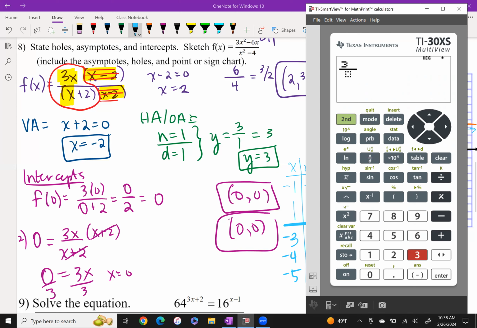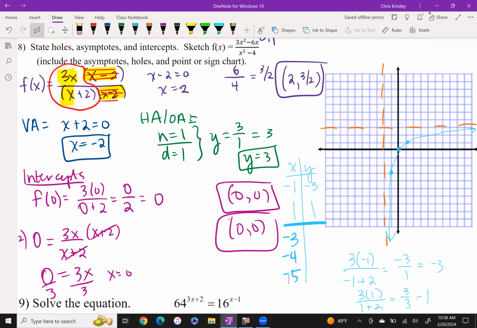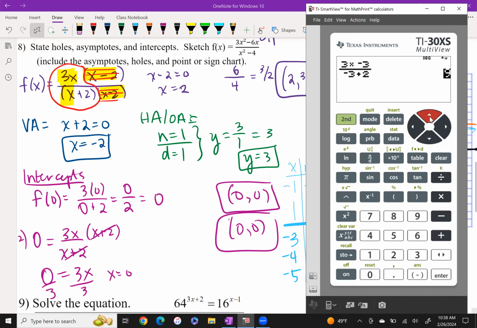3 times -3 on the top, and -3 plus 2 on the bottom. Gives me 9. Now -4. I can hit enter and pull that down and just edit it. So change the -3 to a -4. And we get 6.